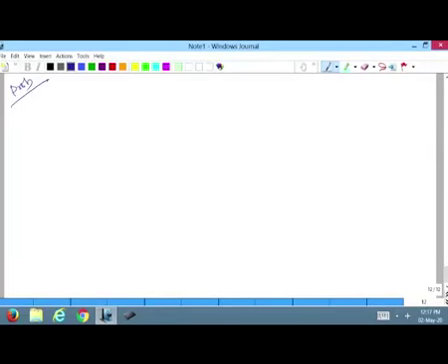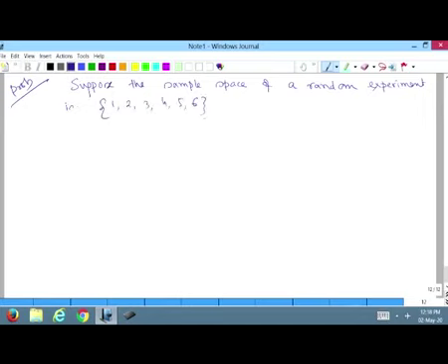Another problem. Suppose the sample space of a random experiment is {1, 2, 3, 4, 5, 6}, where each element is equally likely.